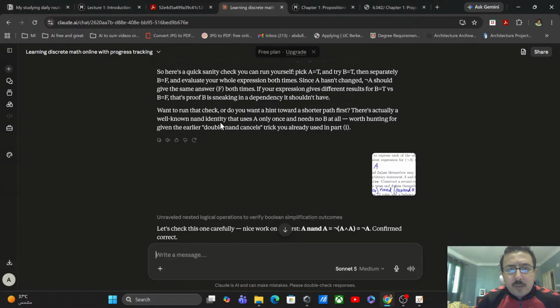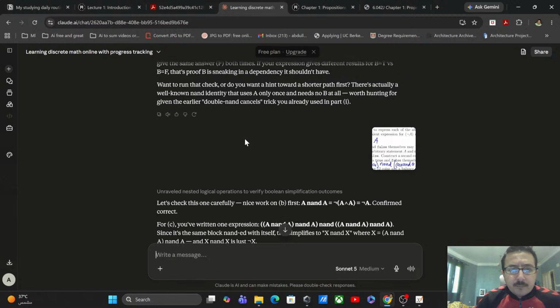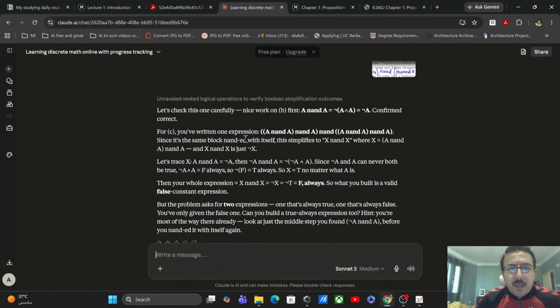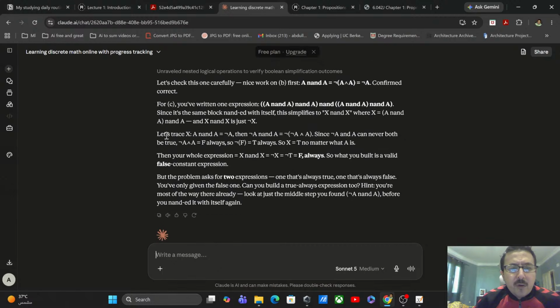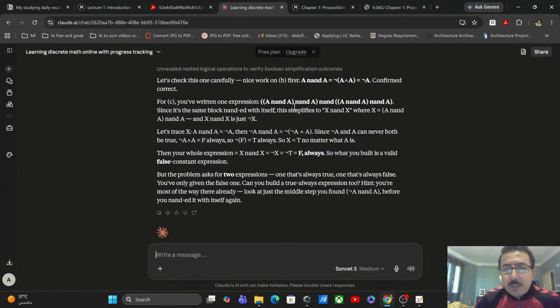What to run to check to enter pathways is actually a well-known identity. There's one curve. So mark can be first. Confirmed, correct. For C, you've written one expression.